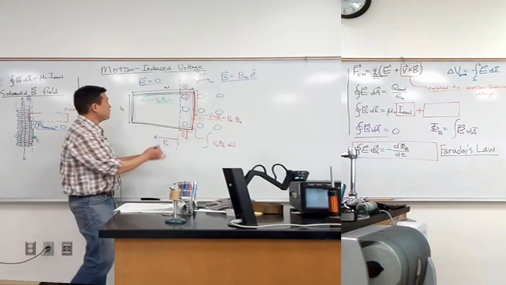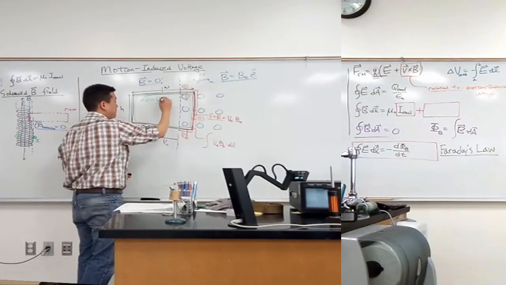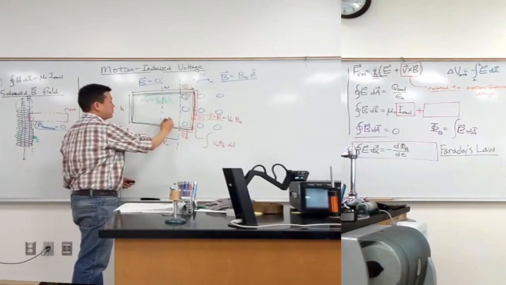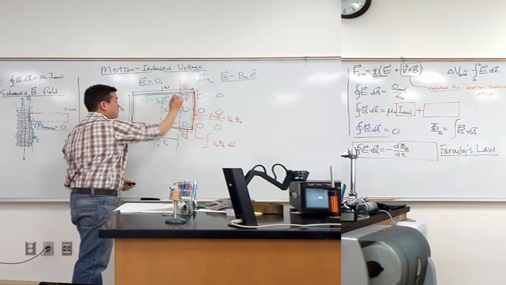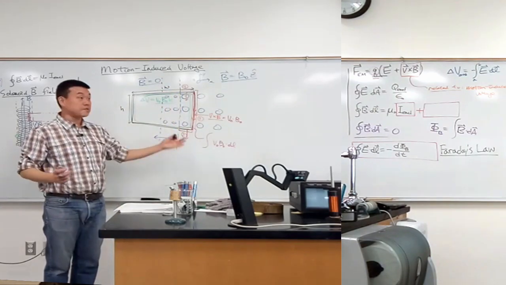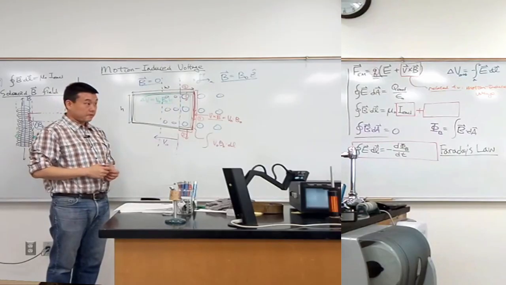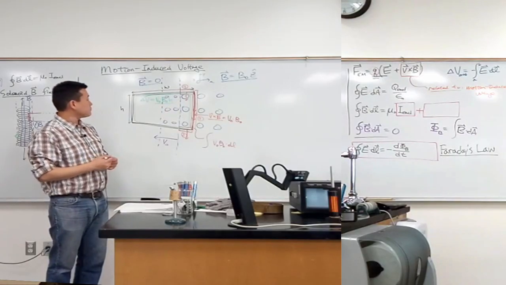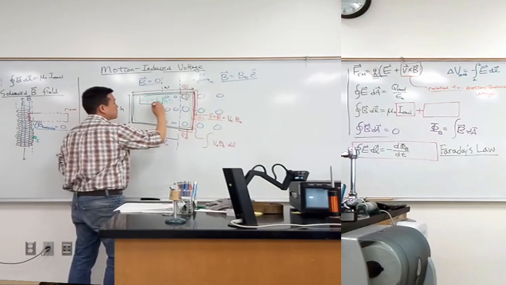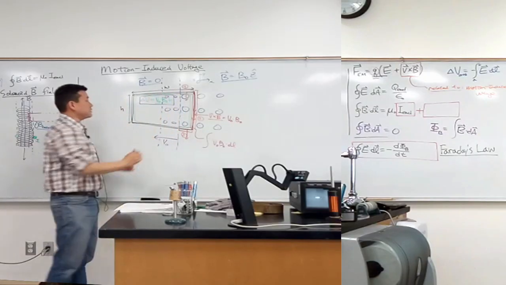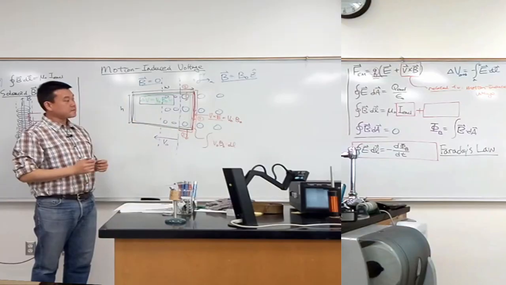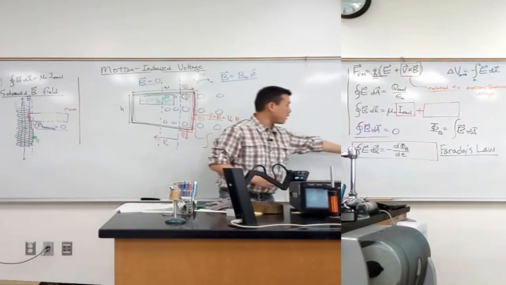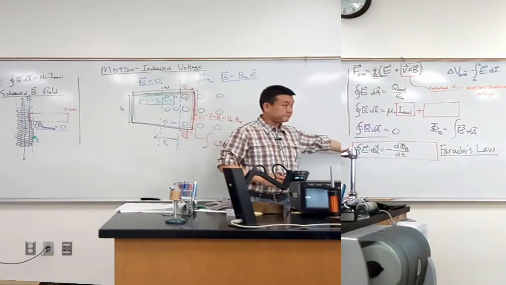A moment later, this boundary would move up here, and there will be additional region of magnetic field, but the velocity of the physical object is 0. So I want to get this result, that the induced voltage inside the loop is still V naught B naught H. Let's see if Faraday's law gives us that.